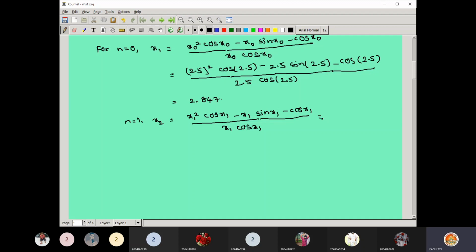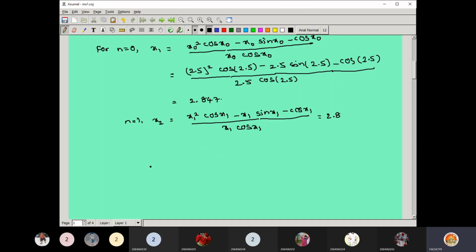So I'm getting 2 point, how much are you getting? Are you getting 2.8? So for n equal to 1, the x2 value is 2.8.